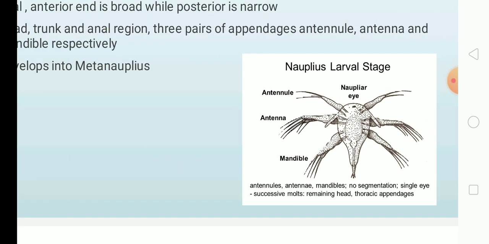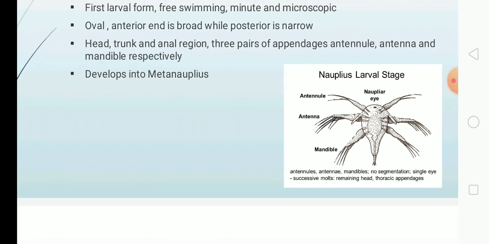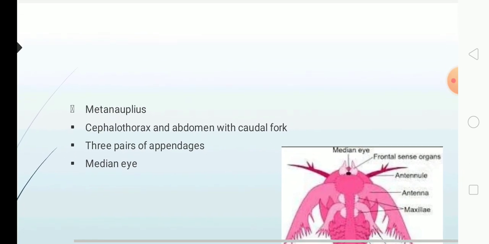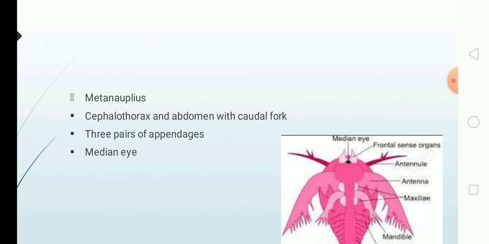The Nauplius larva then further grows and undergoes several molts and finally develops into the next larval stage, known as the Metanauplius larva.